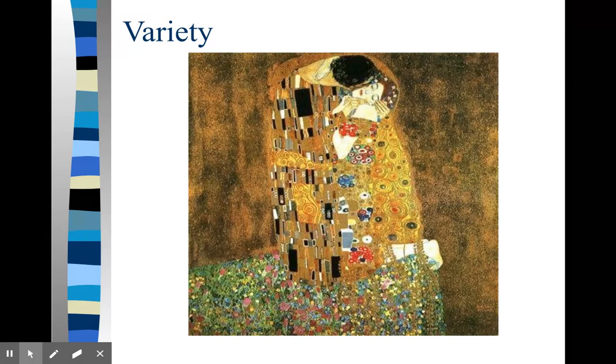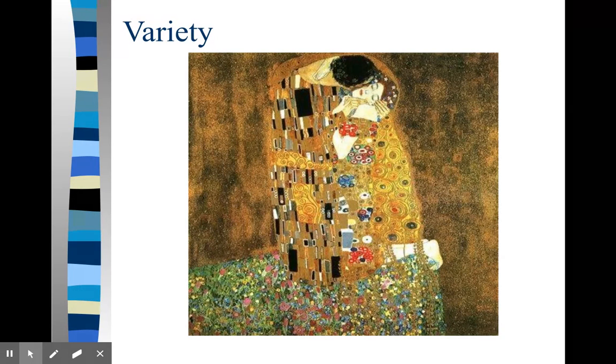Can you see the areas that serve to unify this piece? Look at the colors. Notice how the colors in the background, in the blankets around the man and woman, even the gold that's seen through the flowers at the bottom, all tend to unify the piece. Is there variety? Heck yeah.